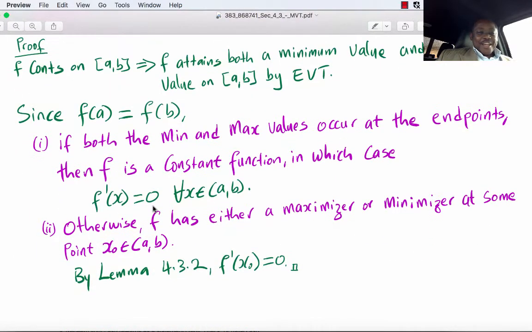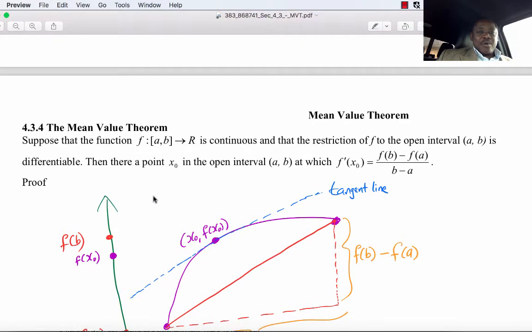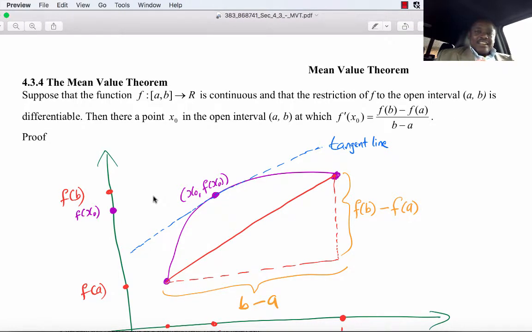Okay, now let's move on to some more exciting news, the core of what we are looking at today. Theorem 4.3.4, the Mean Value Theorem, MVT. Suppose f, a function from the closed bounded interval [a, b] to the set of real numbers, is continuous, and the restriction of f to the open interval (a, b) is differentiable.